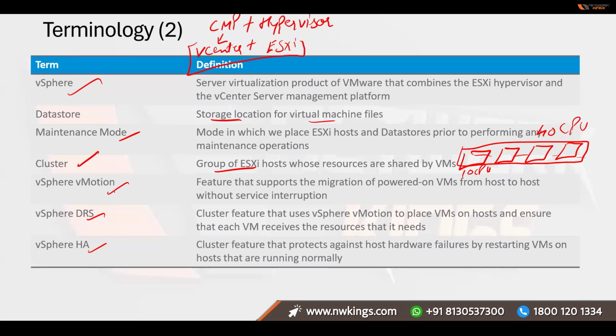Then we call it a cold migration. So you can call it hot migration and cold migration. Hot migration is when your virtual machine is powered on and you are migrating it. Cold migration is when the virtual machine is powered off and you are migrating it. So vSphere vMotion means migrating a powered-on virtual machine from host to host.